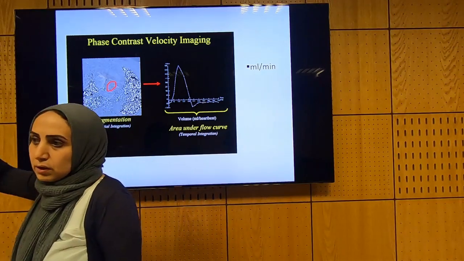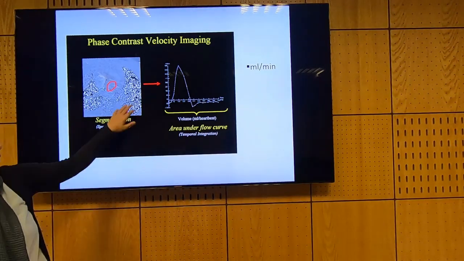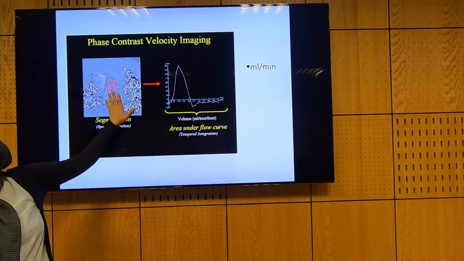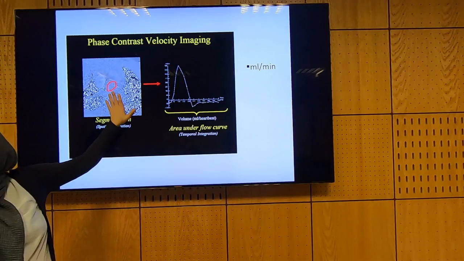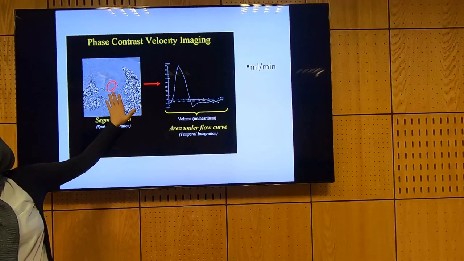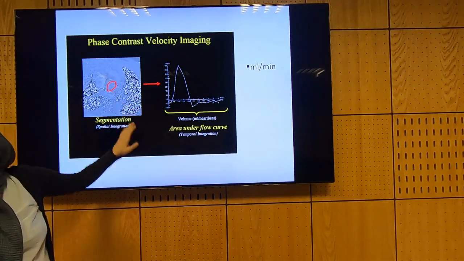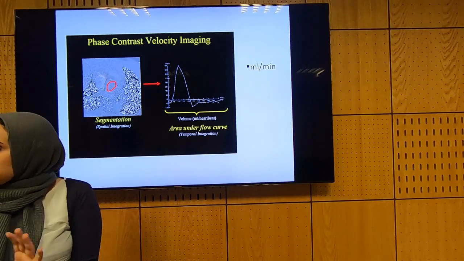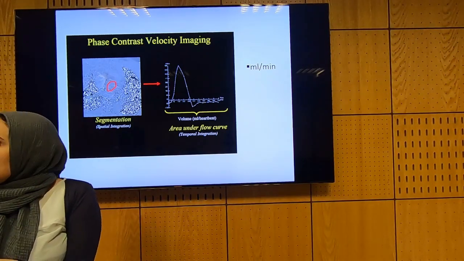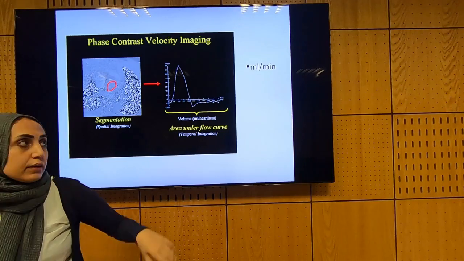You can join us in the CMR lab to see how it's going on, to draw contours around the vessel. So you're tracing the amount of blood going in that vessel. You can do it for the aorta, you can do it for the pulmonary. So you don't estimate the amount of blood going there, you calculate it. It doesn't matter if it's oxygenated or deoxygenated blood, it's fluid hemodynamics going in the tank.